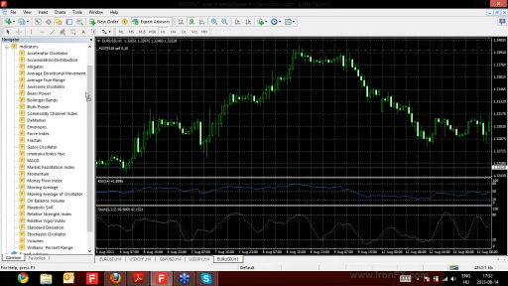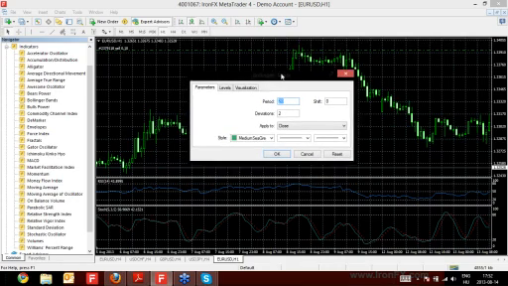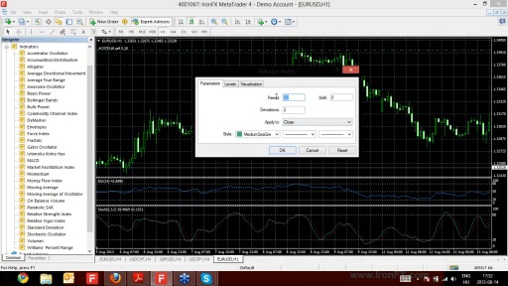Okay, and just drag and drop. Here is the Bollinger Bands, and I just drag and drop it onto the chart. It gives me the panel where I can set the periods. This is the standard, the 20 period, and the deviations of 2.